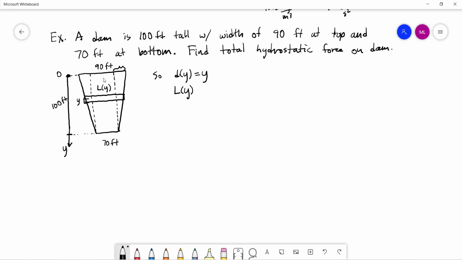Well, if we chopped out the middle 70 feet and the top was 90 feet, that leaves 20 additional feet, split evenly amongst the two sides, assuming this is a nice symmetric dam. So I'm going to call that 10 feet, and similarly over here, here's the other 10 feet.